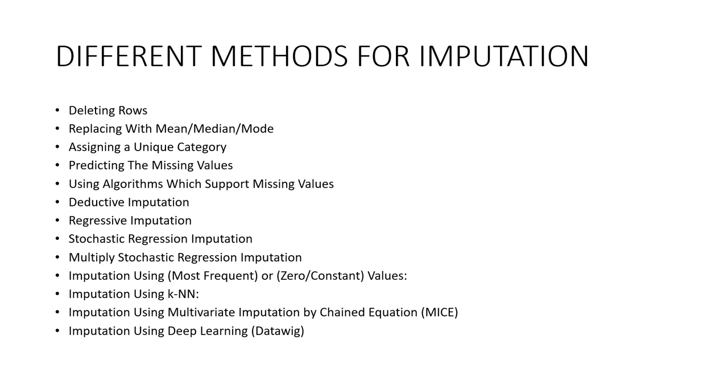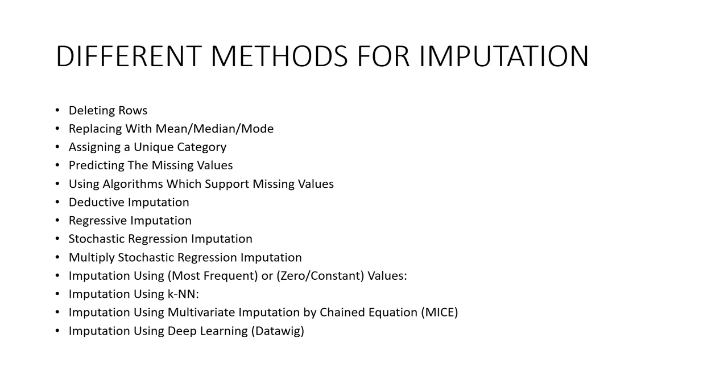Second one is replacing with mean, median, mode, assigning a unique category, predicting the missing values, using algorithms which support missing values, deductive imputation, regressive imputation, stochastic regression imputation, multiple stochastic regression imputation, imputation using most frequent or zero constant values, imputation using k nearest neighbors, imputation using multivariate imputation by chained equations, imputation using deep learning. These are the different methods we follow when handling missing values.